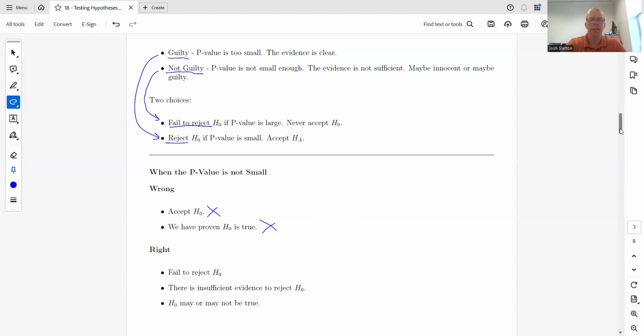The most important thing to remember is these positive statements go together: the p-value is small, guilty, that means you reject; or the p-value is not small, not guilty, and we're not going to reject. If you can keep that straight in your head, then things get a little bit easier when we start working these problems.